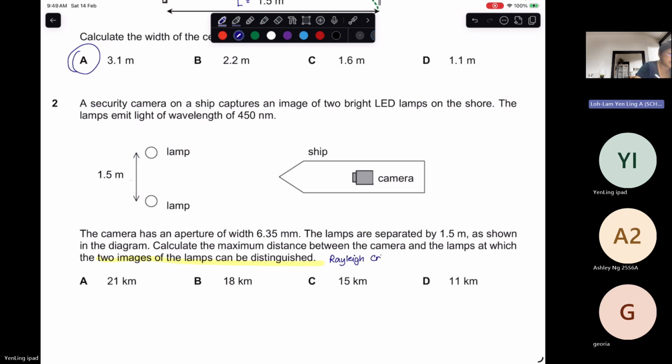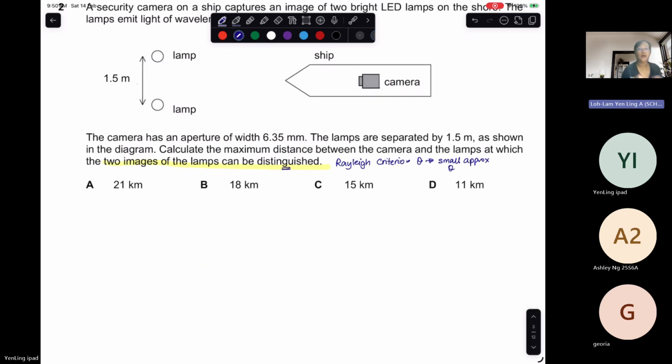Because you're trying to distinguish it, there is a possibility that the two images cannot be distinguished. That means we are looking at a very small angular separation. So the angular separation between the two images is considered very small, so small theta approximation is going to be used, and it's usually for Rayleigh criterion questions.